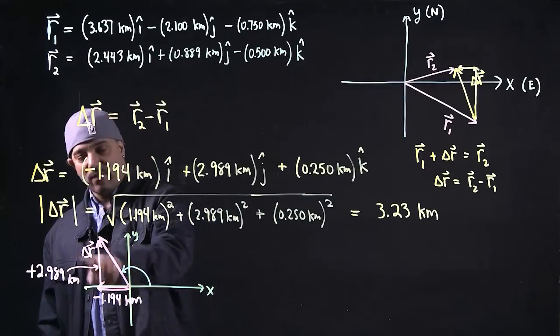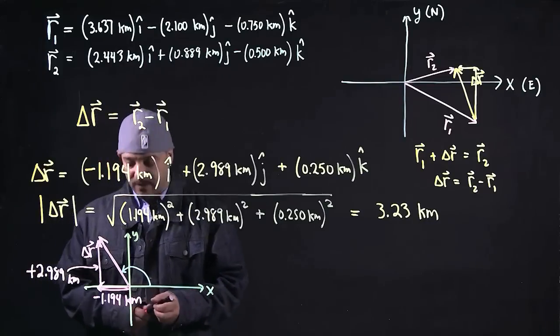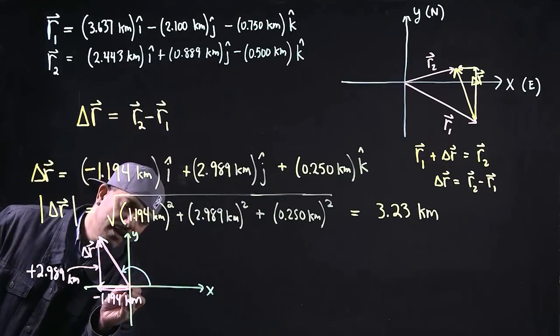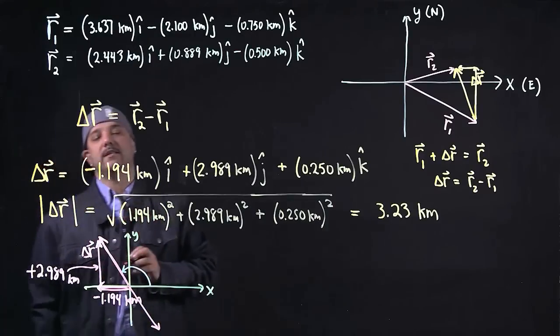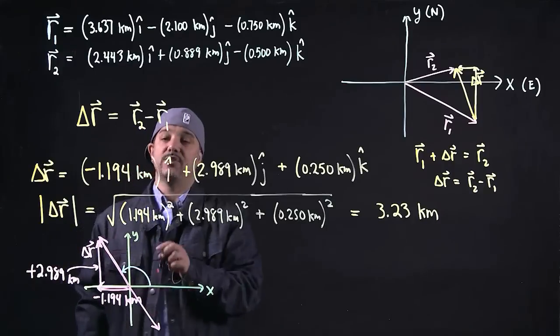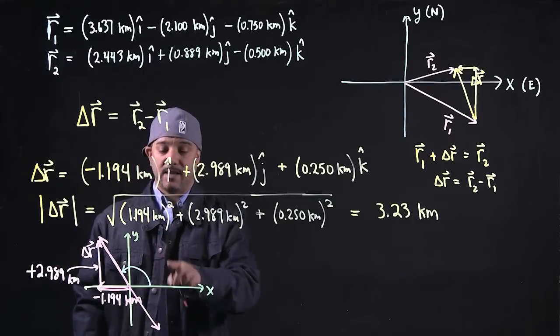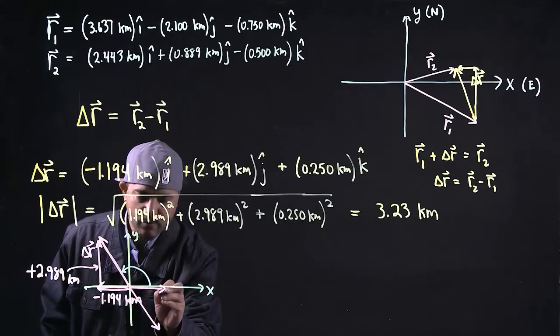So if you have a vector over here in quadrant 2, the trick you have to do is flip it, extend this vector in this direction. We just flip the vector over to put it into, in this case, the 4th quadrant. And then for this piece right here, we flip the signs.